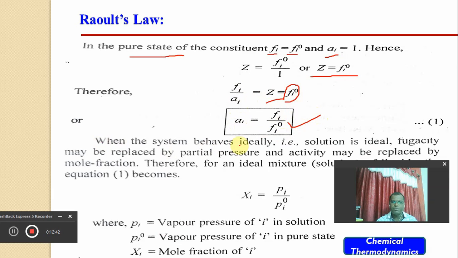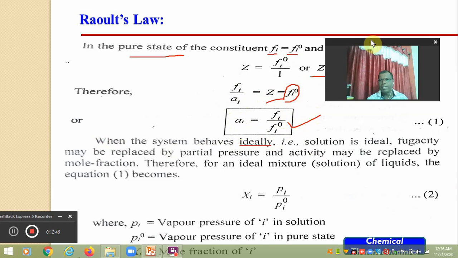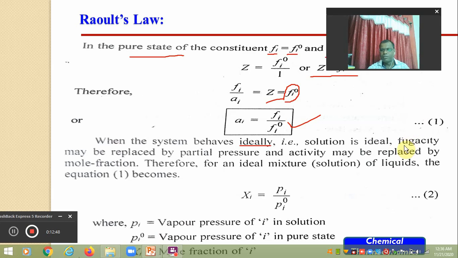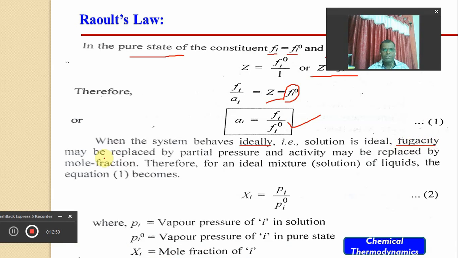When the system behaves ideally, what happens? The solution is ideal. Whenever the solution is ideal, in that case the fugacity is replaced by the partial pressure of that component, and the activity may be replaced by the mole fraction.